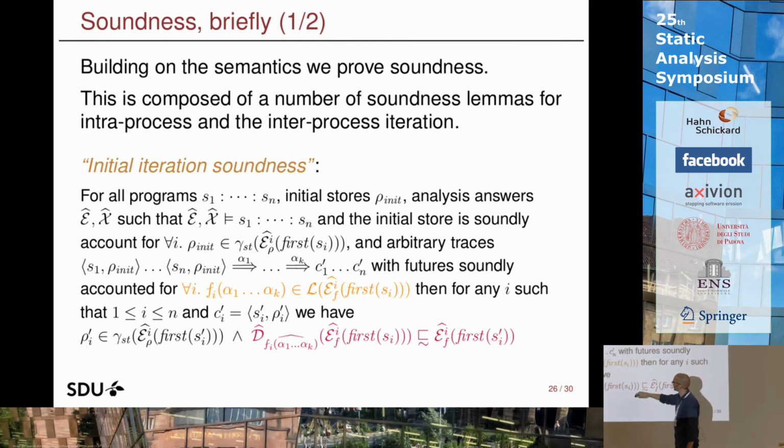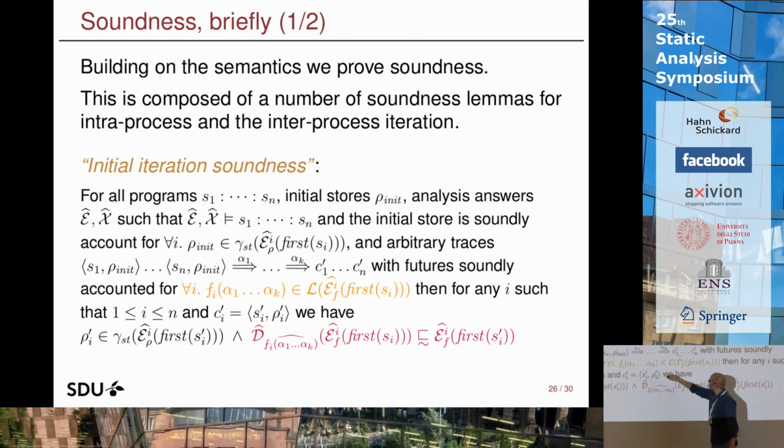If you take anything away, suppose I'm process I, then the rest of the world, if I suitably project away my own actions, to see what is the rest of the world, if that's solidly accounted for in the right cache entry, then afterwards, if I satisfy the analysis constraints, if I do a suitable derivative with respect to this sequence of actions, is included at the right entry in the cache.